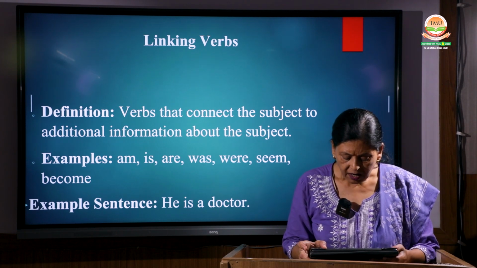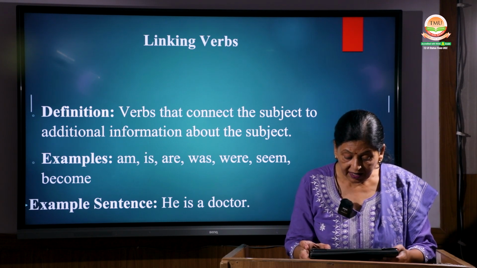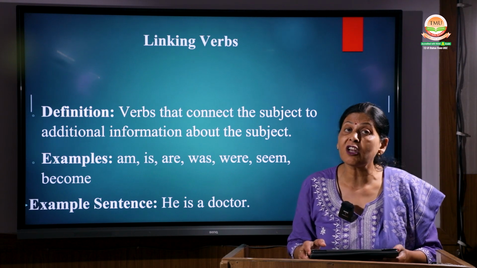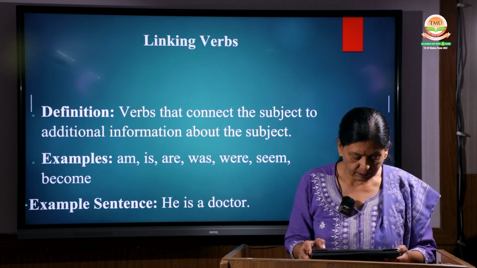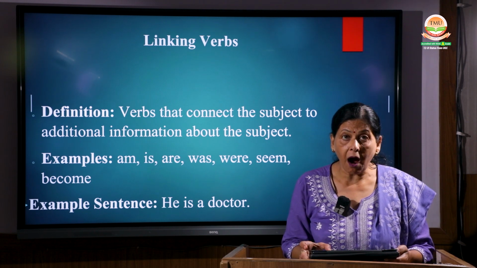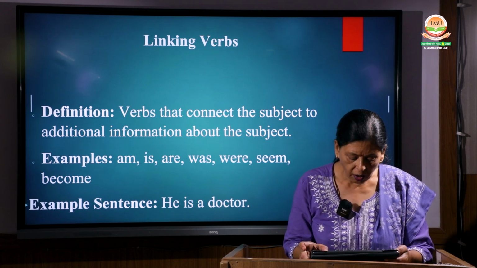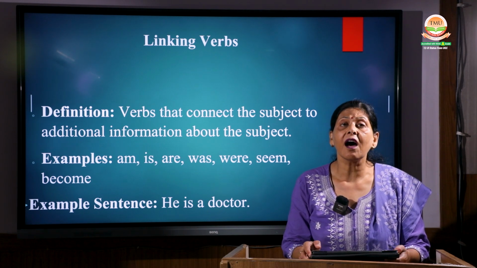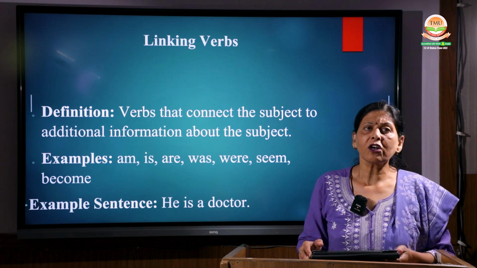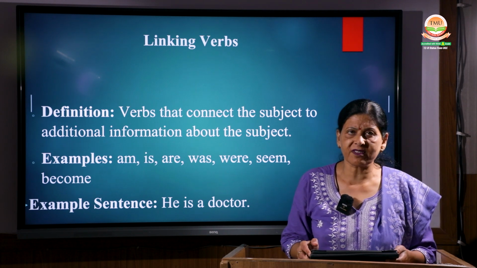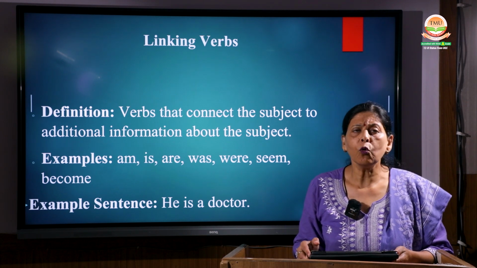These verbs connect the subject to additional information about the subject. Examples of linking verbs are am, is, are, was, were. These all are linking verbs. Here is a sentence: he is a doctor. He is a doctor means he and doctor. What he is a person, and what is he? Who is he?